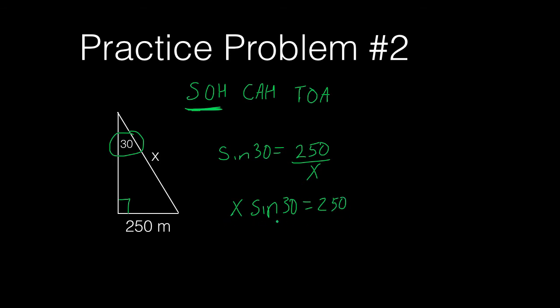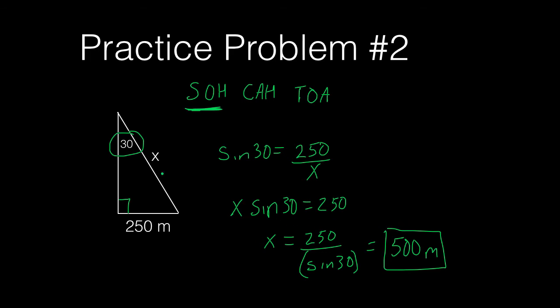Again, divide each side by sine of 30, and we'll be left with x is equal to 250 divided by the sine of 30. Again, put parentheses around your trig functions and you'll make fewer calculator errors. So I grab my calculator, 250 divided by parentheses sine of 30, and what I'm getting is x is equal to 500. And our units again are in meters, so I'll put meters.